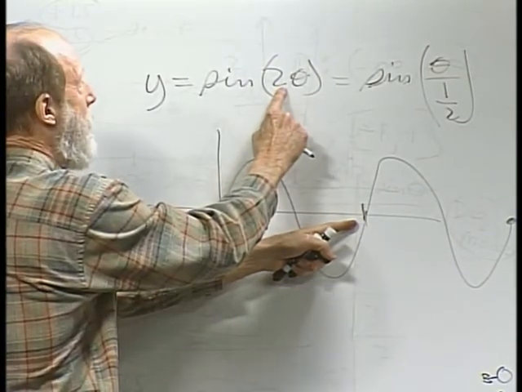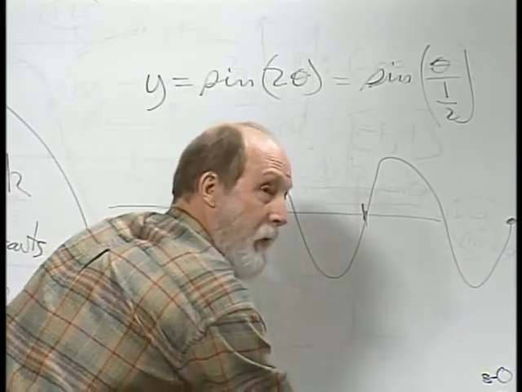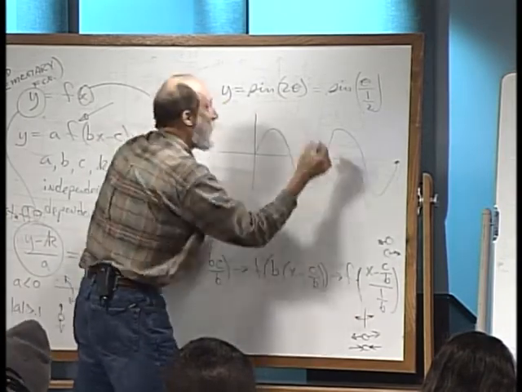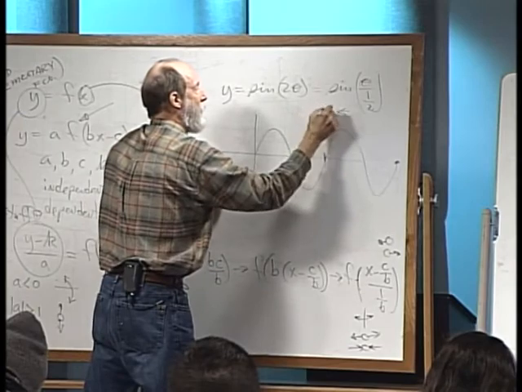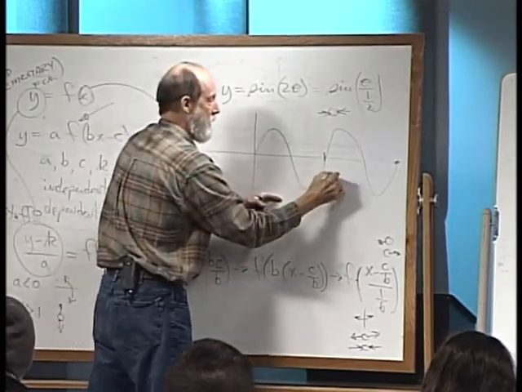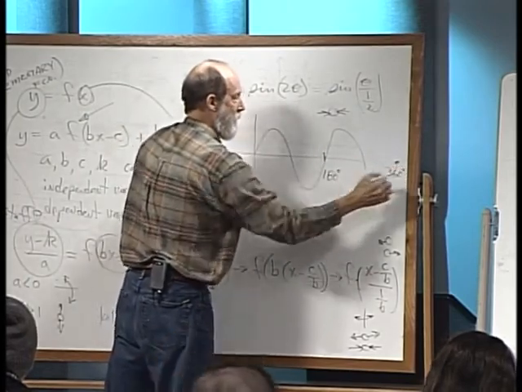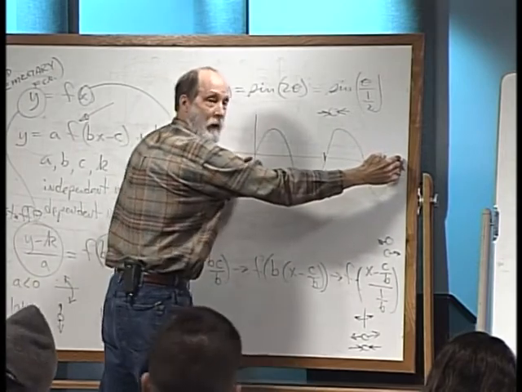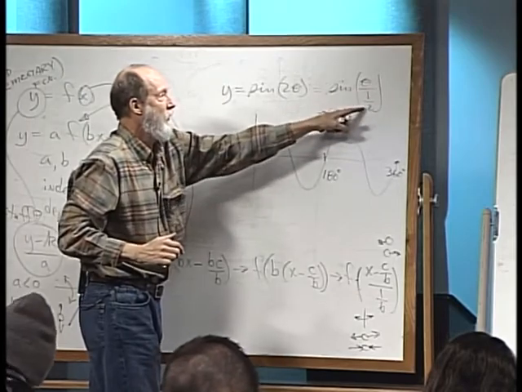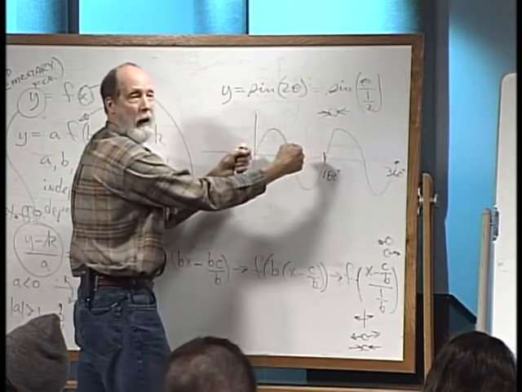That's a 2, which is analogous to this being 1/2, which means the graph has been squeezed in from its original elementary form, and this is 180 degrees instead of 360. So it'll finish 2 cycles in 360 degrees instead of the usual 1. So that factor that's underneath there makes the graph half as wide.